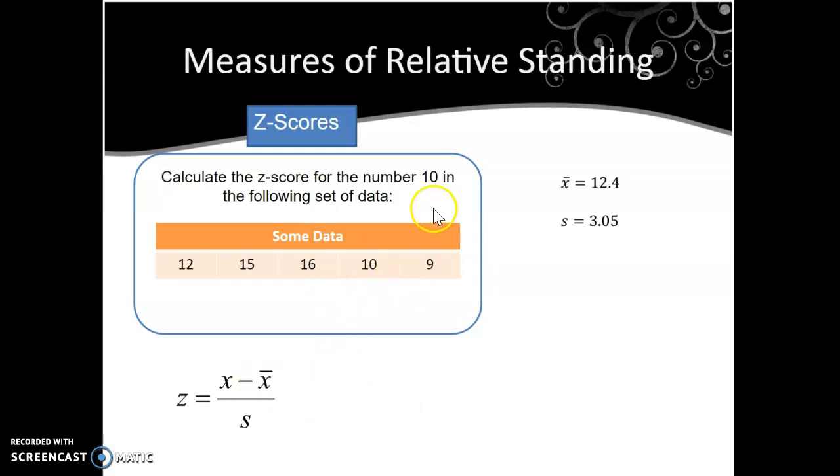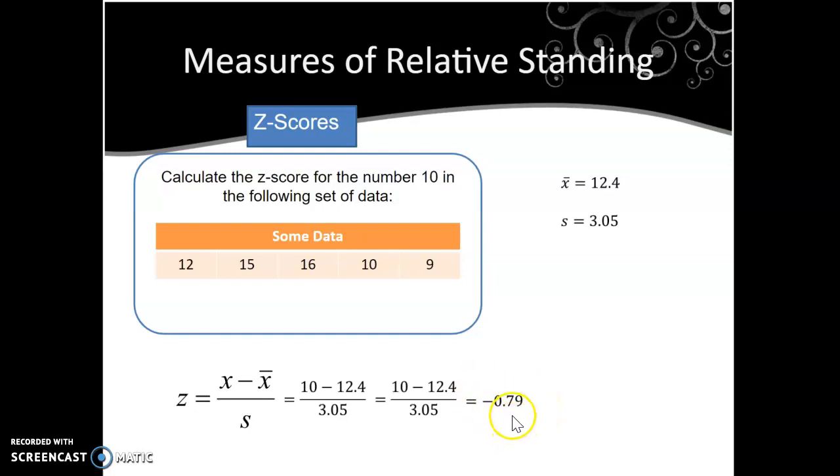So if we're going to find the z-score for the value 10 in this data set, we're going to calculate that number, 10, minus the mean, minus 12.4, divided by the standard deviation of 3.05. And when we do that, we get a z-score of negative 0.79.